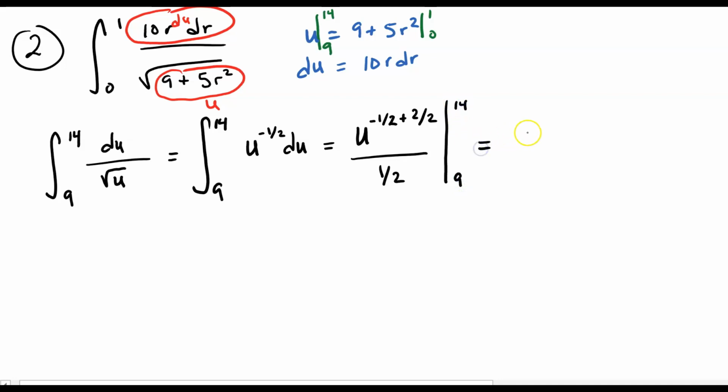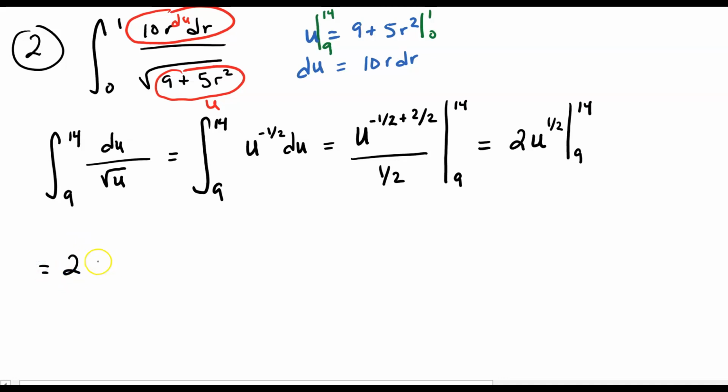And so when we clean it up even more, dividing by 1/2 is actually the same as multiplying by 2. So we end up with something that looks like this, 2u to the positive 1/2 power, evaluated from 9 to 14. We clean this up a little bit more by plugging in.